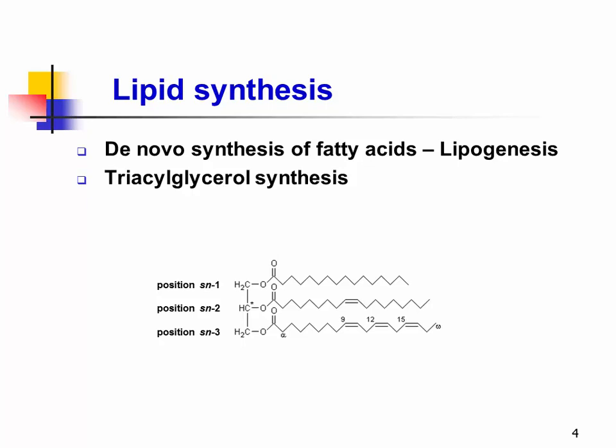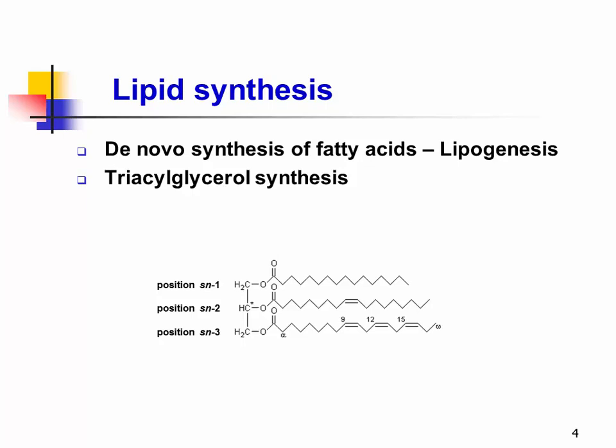Acetyl-CoA can be used to synthesize fatty acids, the long-chain fatty acids. And triglyceride synthesis means the glycerol backbone together with three fatty acids form triglyceride. So it's a different concept, right?